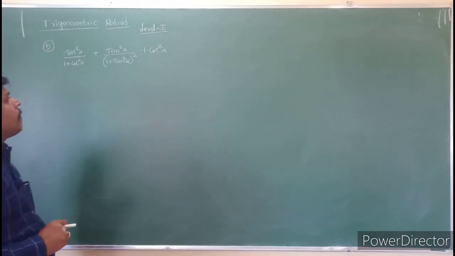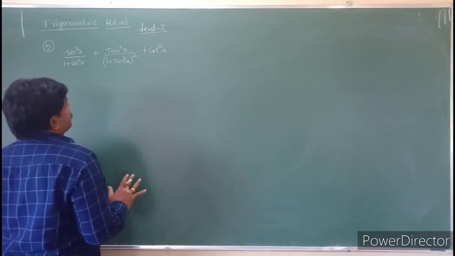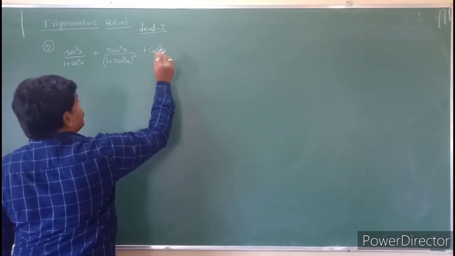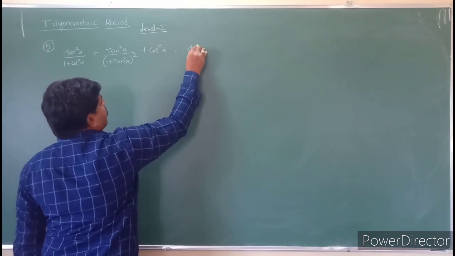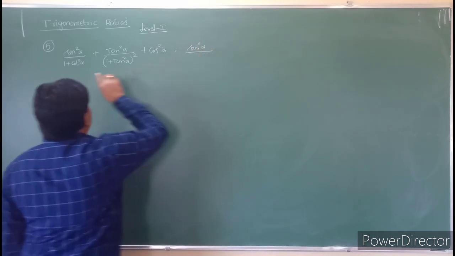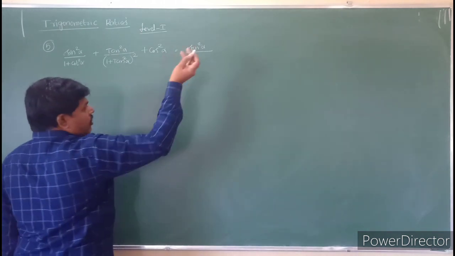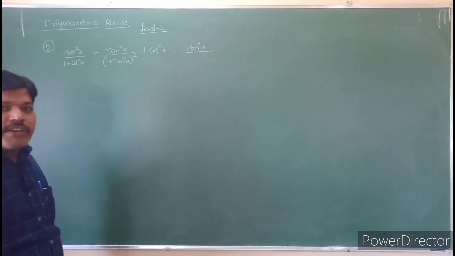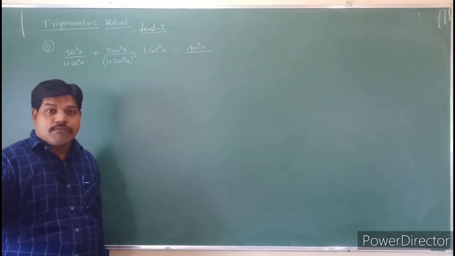So see students, what is the condition we are going to use? First we will simplify this question directly. That is equal to sin square alpha by 1 plus cot square alpha. 1 plus cot square alpha is nothing but, what is the formula? Cosecant square theta minus cot square theta is equal to 1.